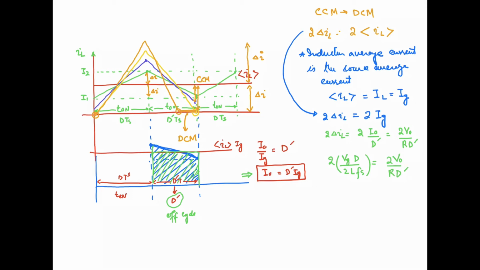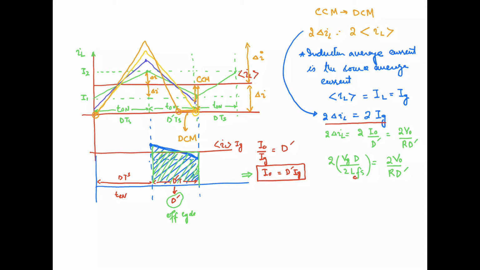Over here I will represent this inductance as the critical inductance, because we have used this condition that 2 times the current ripple delta I should be equal to 2 times the average value. At that point there will be the transition from continuous conduction mode to the discontinuous conduction mode. So this inductance will be called the critical inductance.